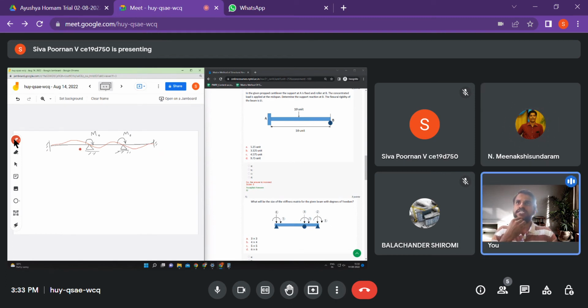Then there are two angles here. One is angle theta here, which is the same as angle theta here, theta 1. Both are equal. And then we have angle theta 2 here, right? So let's say these two are moments m1 and m2, okay? Both are different. So how do we relate m1, m2 to theta 1 and theta 2?